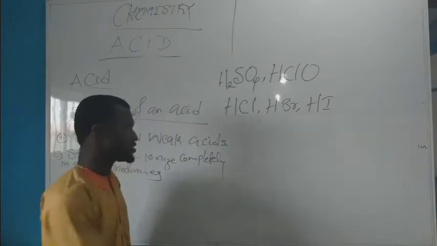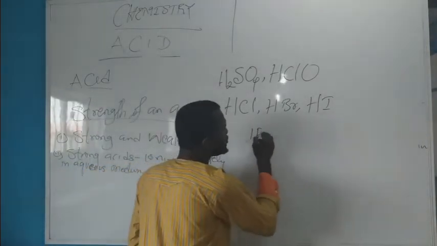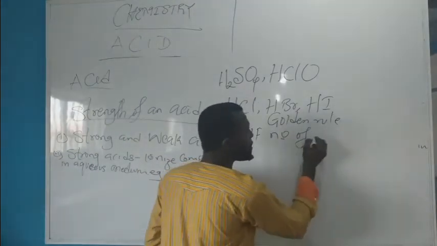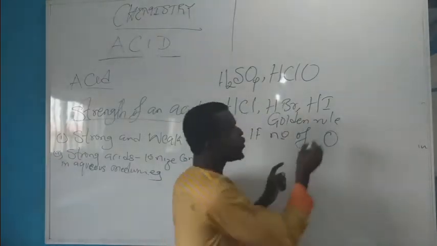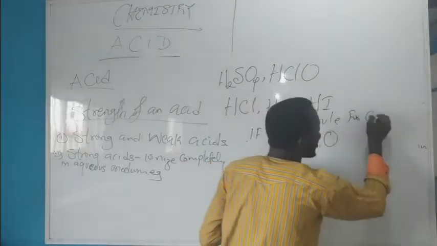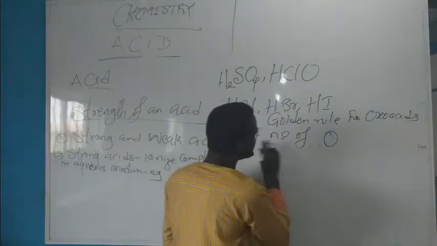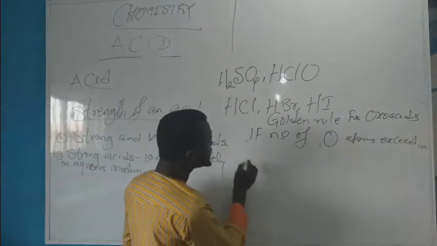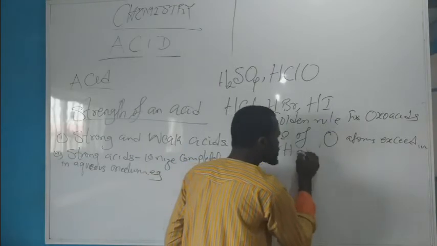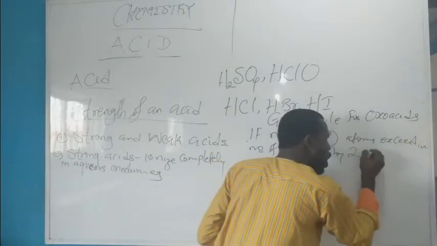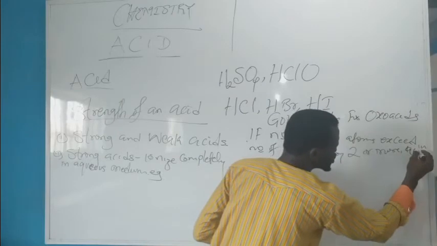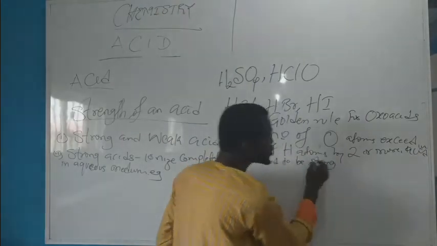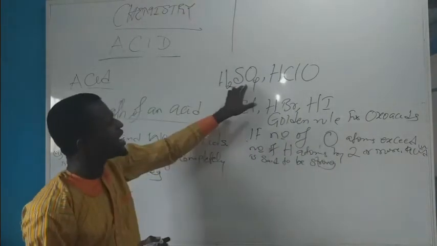The golden rule for oxo acids: if the number of O atoms exceeds the number of H atoms by 2 or more, the acid is said to be strong.